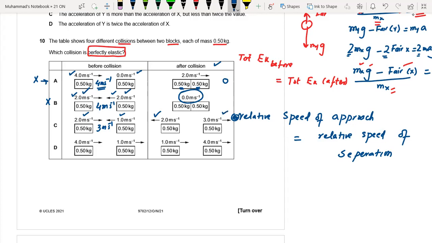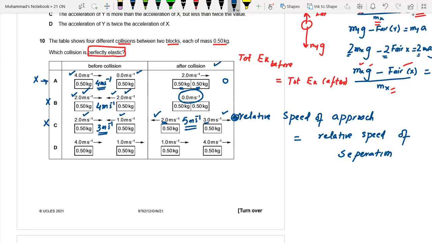So what is their speed of separation? They are separating from each other when their directions of motion are opposite. Then the speed of separation is the sum of these two speeds. So that is 5 meter per second. What are you observing? That the speed of approach, that is 3 meter per second, is not equal to the speed of separation. So that's why it is also incorrect.